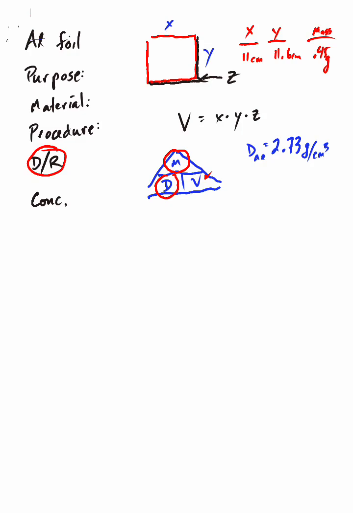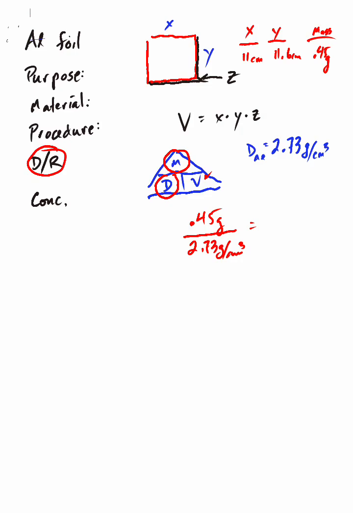So if I take all this information, I can take that mass and divide it by the density, and this will be my volume. So I'm going to go ahead and do this. Clear, 0.45 divided by 2.73.